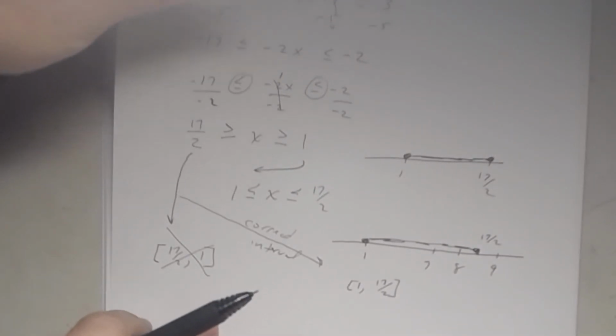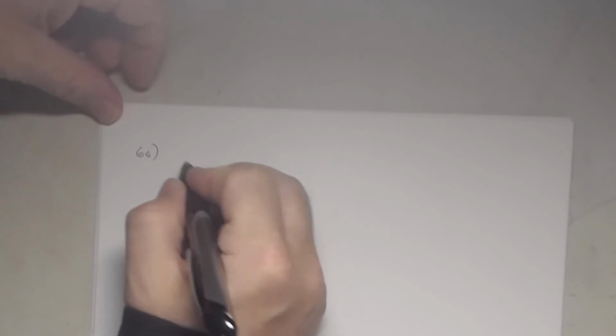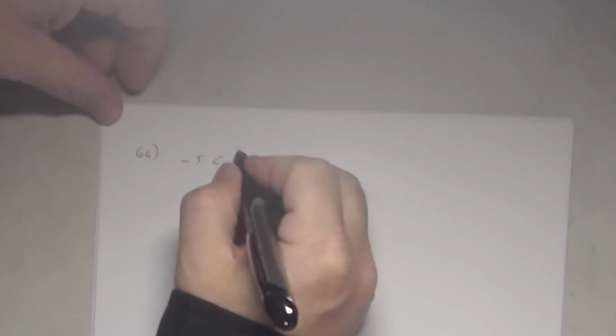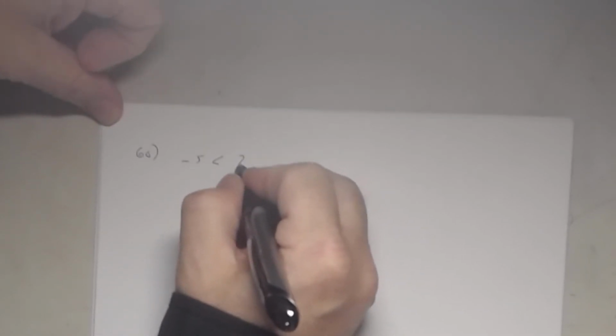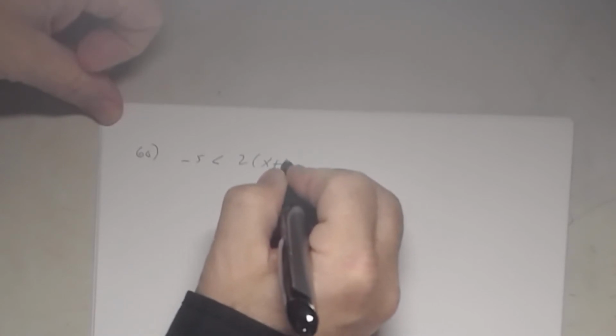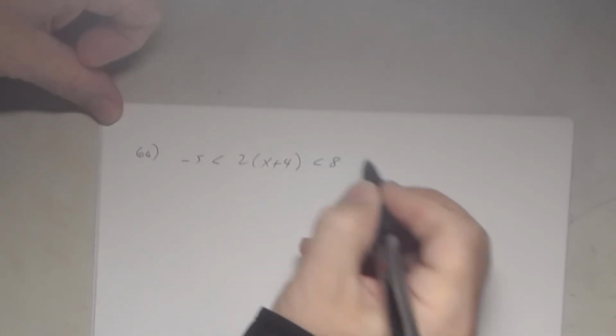All right, let's look at this one. Okay, suppose we had, this will be number 60. All right, number 60. Suppose you had -5 is less than 2 times x plus 4 is less than 8.